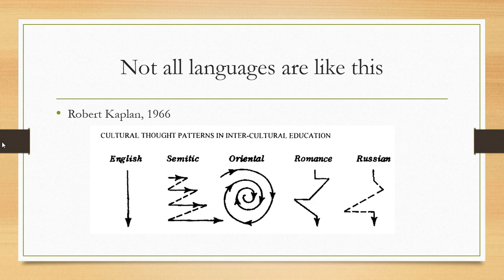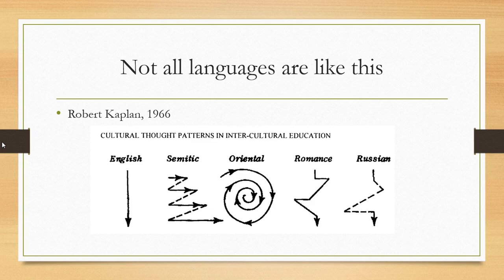So if you read something by somebody whose first language is Arabic, for instance, you're going to see a lot of ands or buts or ors that are connecting sentences in a very lengthy way. So everything is connected, and sometimes they will go off on what might seem like a tangent to an English reader.